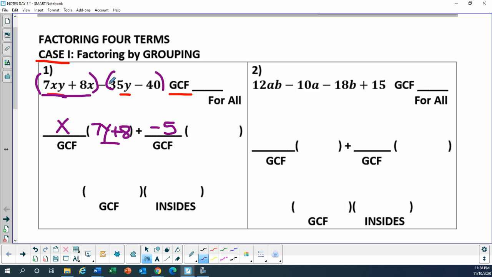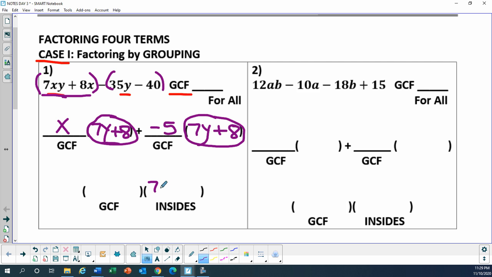So 35Y divided by negative 5 would give me just 7Y, right? Negative 40 divided by negative 5 would give me positive 8, okay? So as you can see, the inside numbers are the same, 7Y plus 8, 7Y plus 8.